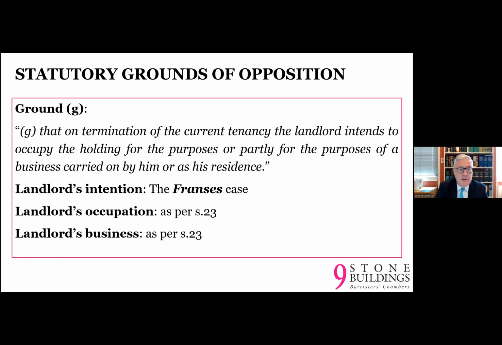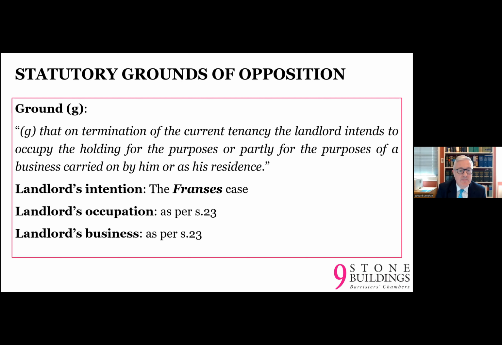Right, the last ground is G, that on the termination of the current tenancy, the landlord intends to occupy the holding for the purposes or partly for the purposes of a business carried on by him or as his residence. This is the second most common ground relied upon in my experience. Again, it has a number of elements which we've touched upon before.